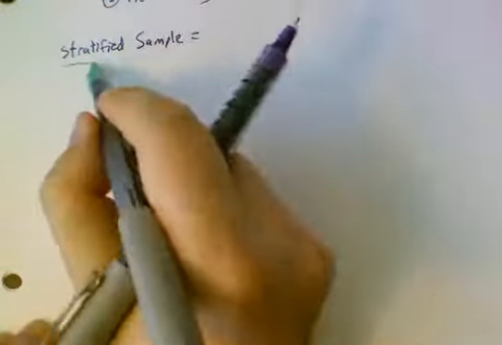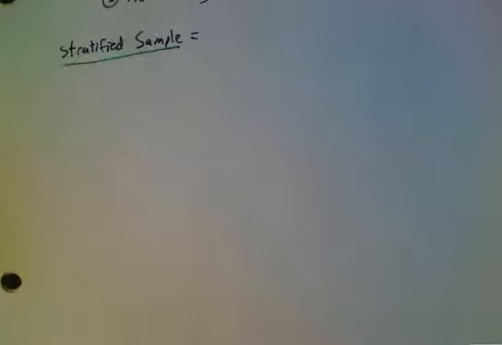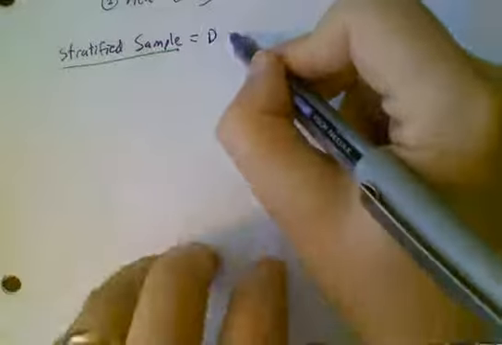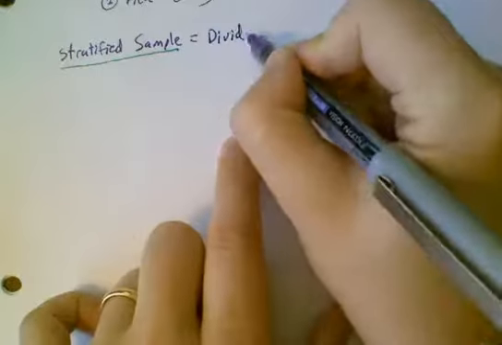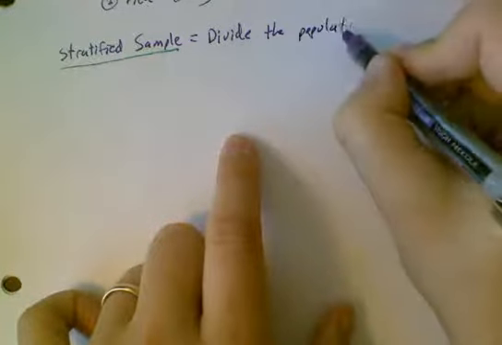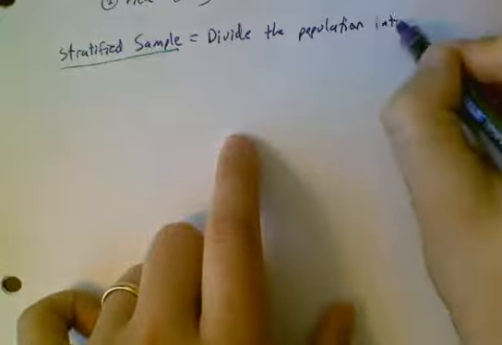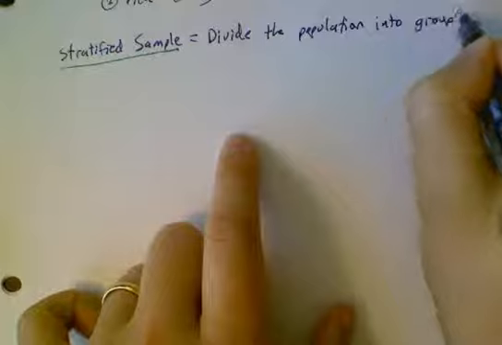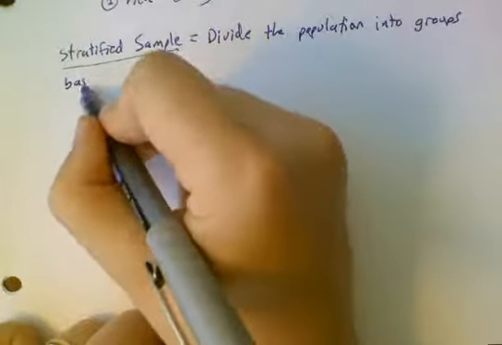Another type is a stratified sample. So in this one, we divide the population into groups based on some characteristic.